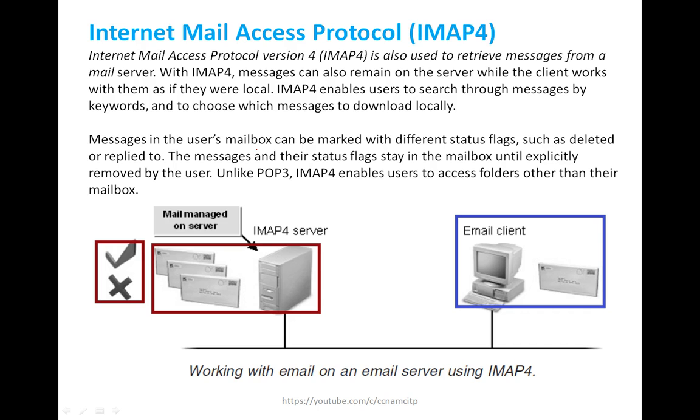So this was one disadvantage. To avoid this problem from IMAP, POP was developed, and POP is the updated version of IMAP4. So this is the difference between IMAP and POP.